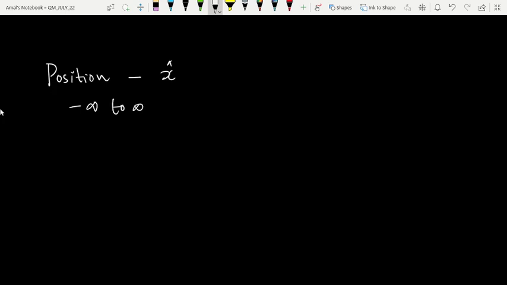In the case of spin, there are only two values, plus half or minus half. But in the case of position, there are infinitely many values, and also it is continuous.